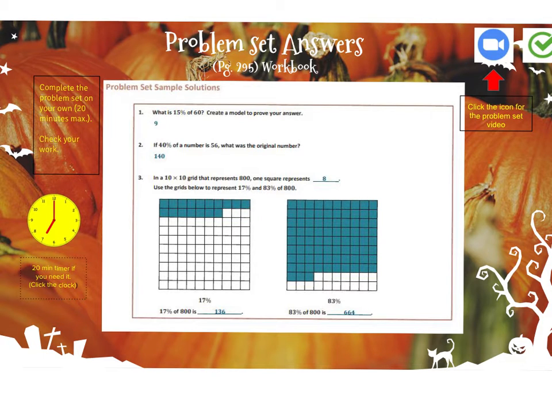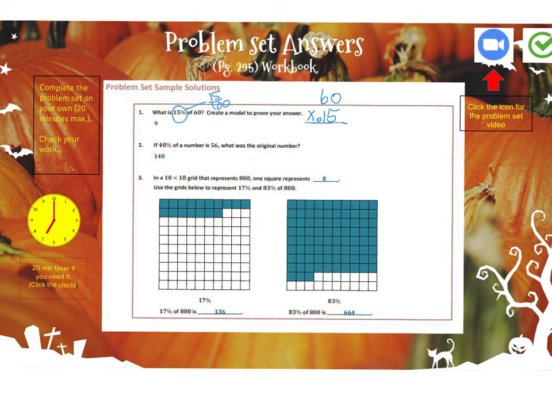So 15% of 60: if I multiply 60 by 15%, which means 15 out of 100, or 15 hundredths, I could do that math problem and I would have my answer.